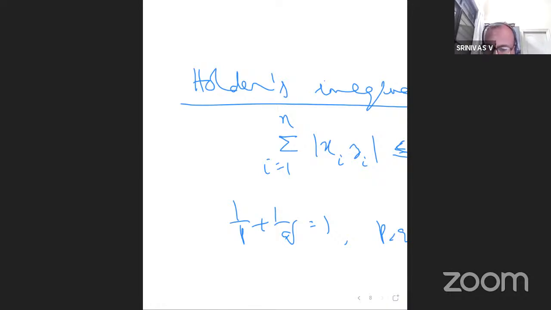Which one do I want? Hölder's inequality I want. Yeah, maybe this.